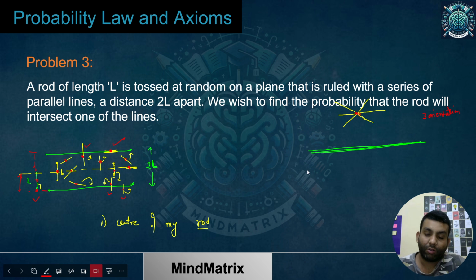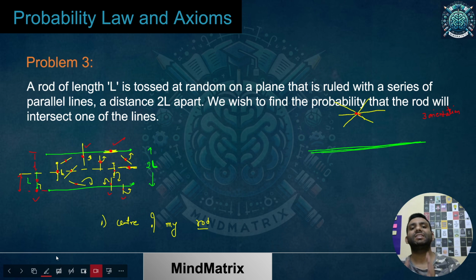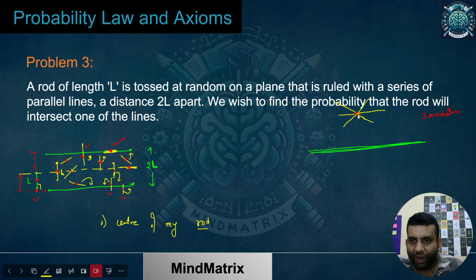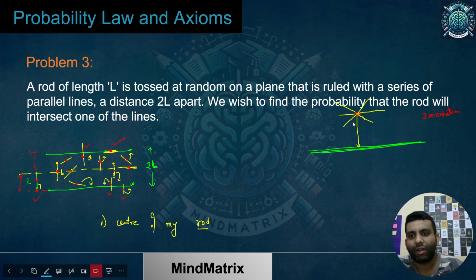Now the thing is, I will always be considering the center point of my rod. Let's suppose the distance of my center point from the nearest line possible is r. Let's suppose this is the r distance.